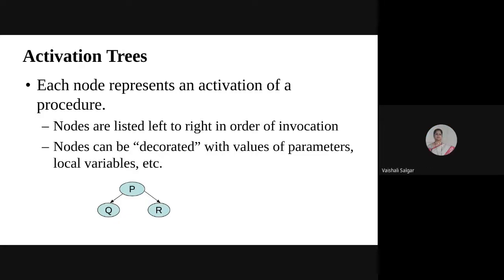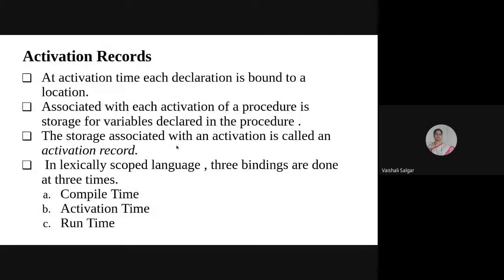Okay. So in the last lecture, we were talking about the activation records. Whenever a procedure call is encountered and executed by the compiler, the control will be transmitted to the actual definition of the function or procedure.